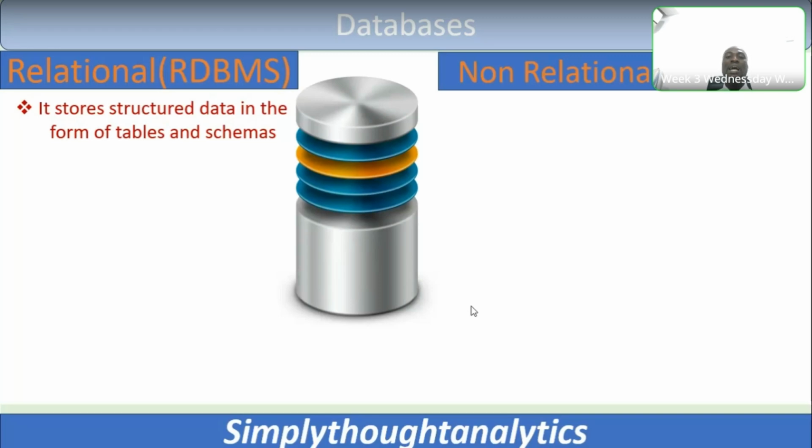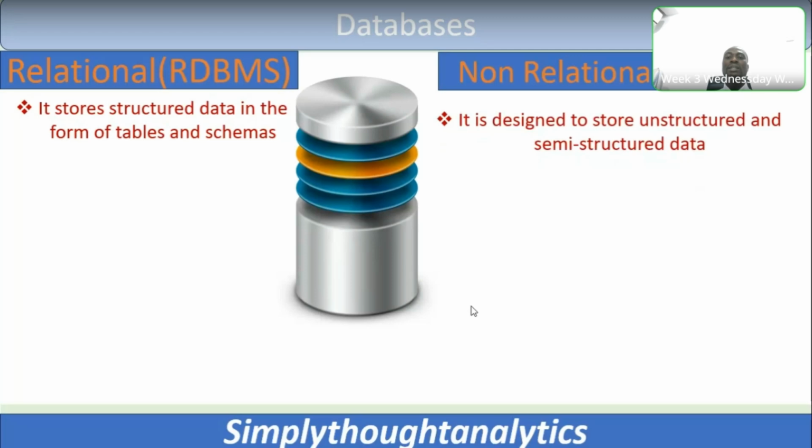However, there is what is called a non-relational database, which is used to store both structured and unstructured data. So if we have video files, PDF files, audio files, we can store them in a non-relational database. But we cannot store a video file inside a relational database because we cannot put a video file inside a table.